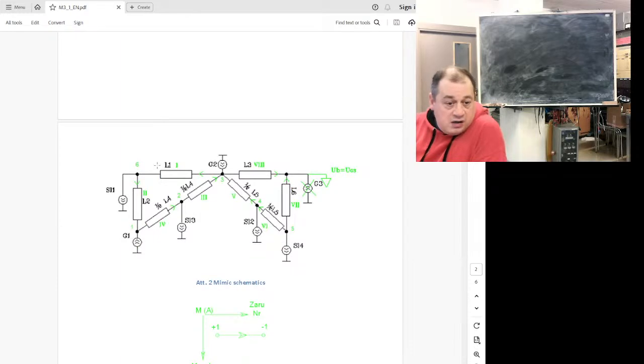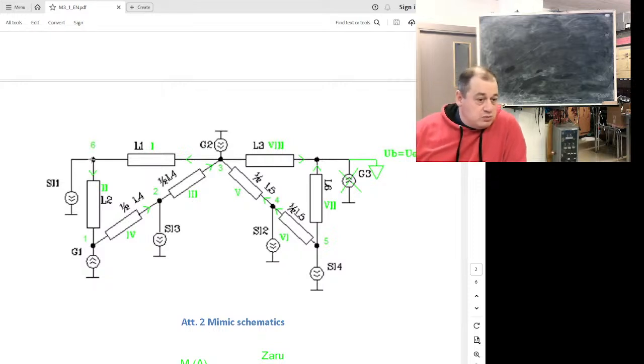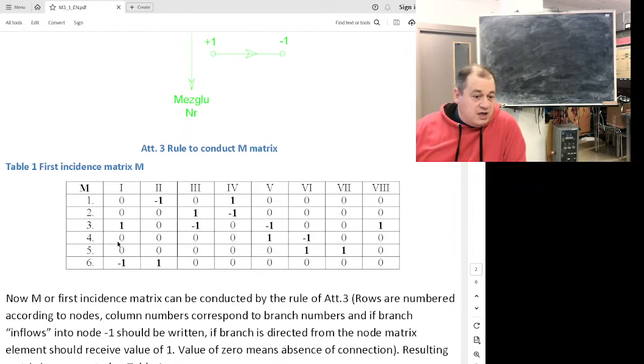As for the network, what I need to do is set numbers to the nodes, and set numbers and direction to the branches, and I will get this incidence matrix, the connection between nodes and branches. Let's go forward.